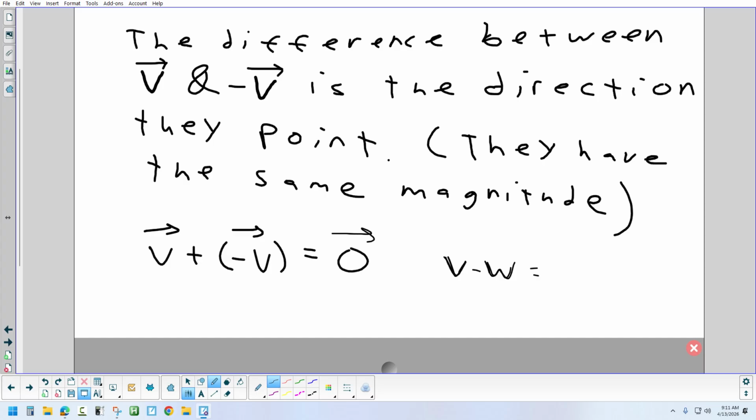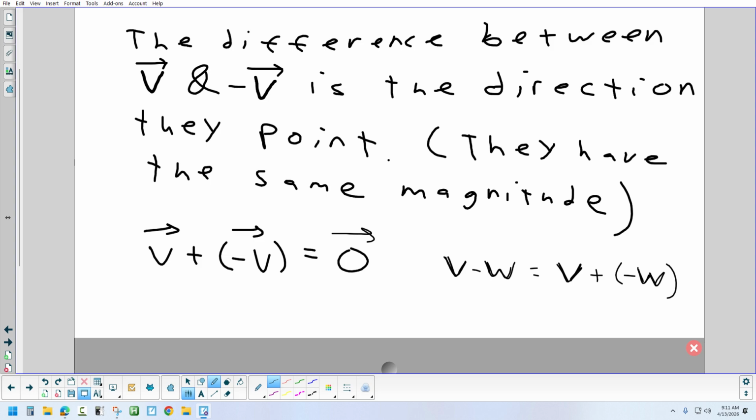Yeah? V plus negative W. Exactly. We could take V, and instead of subtracting, which I didn't really teach you how to do subtraction visually, because we don't have to do anything different. Instead of adding the original vector, we're going to take the opposite of the second vector, and that is going to make it subtraction.